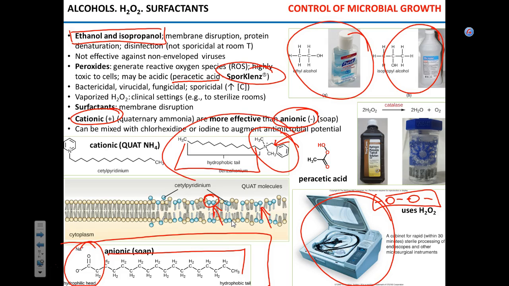And when molecules like benzalkonium or cetylpyridinium are introduced in the membrane of a bacteria or enveloped virus or protozoa, they destabilize the membrane, causing the bacterial cell to lyse.